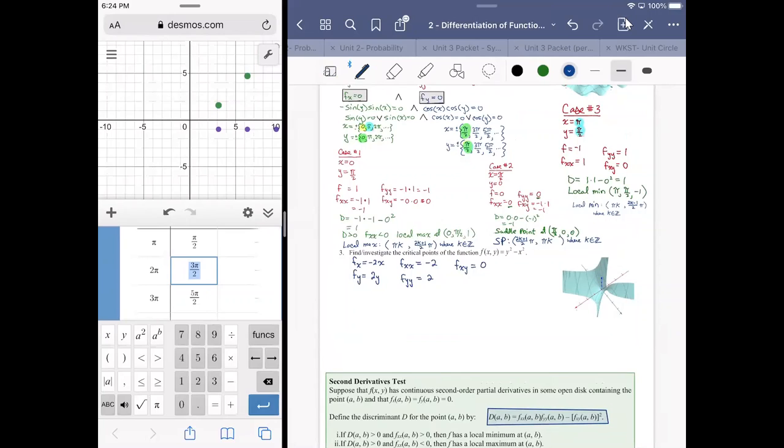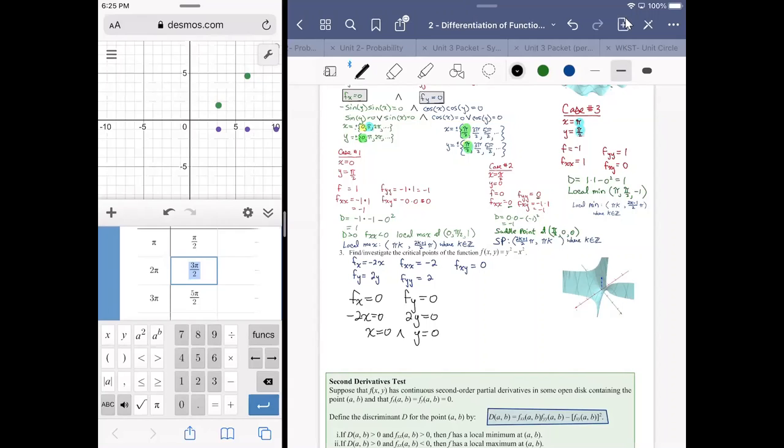So we're going to set our first order partials equal to 0. So x equals 0 and y equals 0.